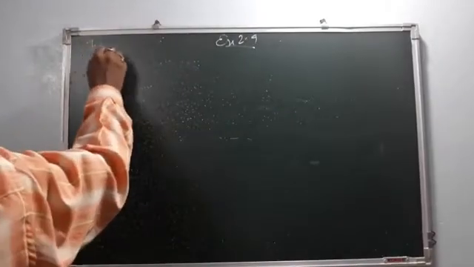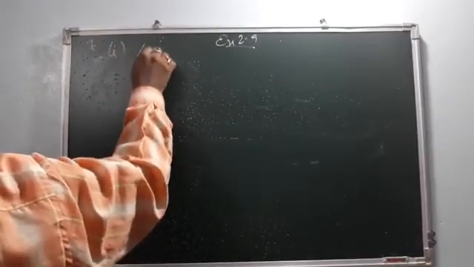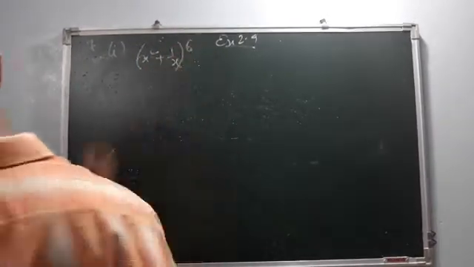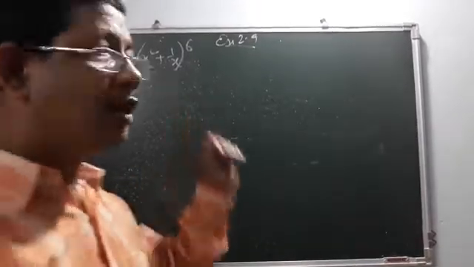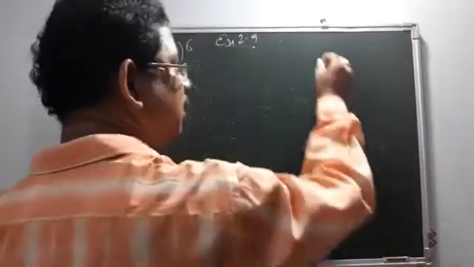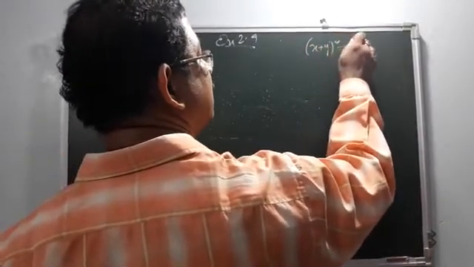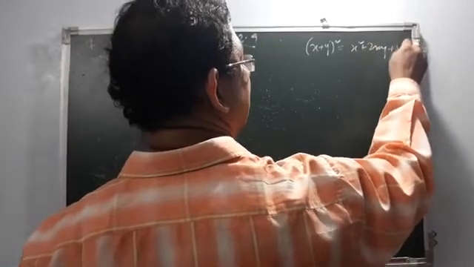They say find the middle term of x square plus 1 by x, whole to the power 6. Middle term. Now students, try to understand this. x plus y whole thing squared, how many terms?